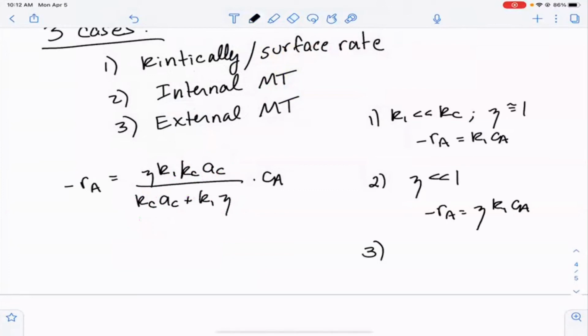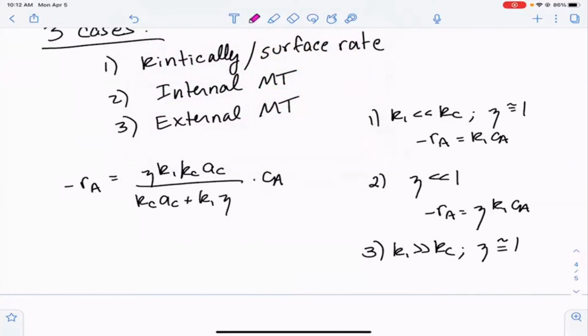And in the third case, where we are external mass transport limited, what's going to happen here? Well, if we're external mass transport limited, this means that K1 now is much greater than Kc, and it also means that our effectiveness factor is approximately equal to 1.